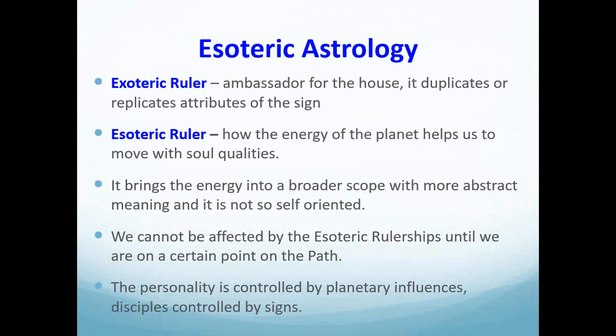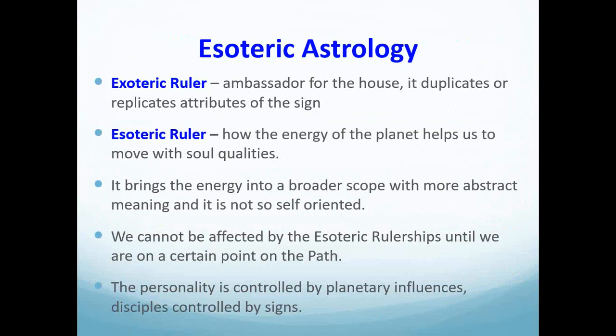Brings the energy into a broader scope with more abstract meaning and is not self-oriented. So once we start moving more with an esoteric approach, it's not all about me, me, me. We cannot be affected by the esoteric rulerships until we are on a certain point on the path, which is so true.